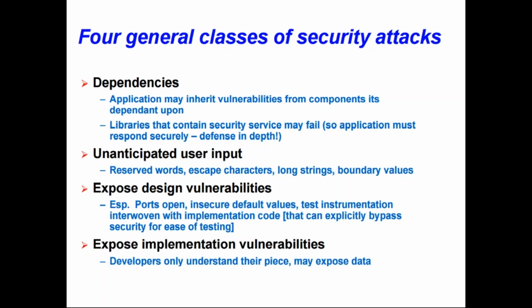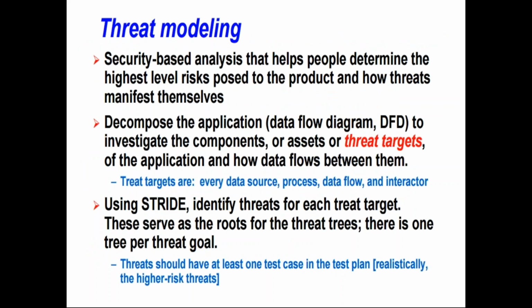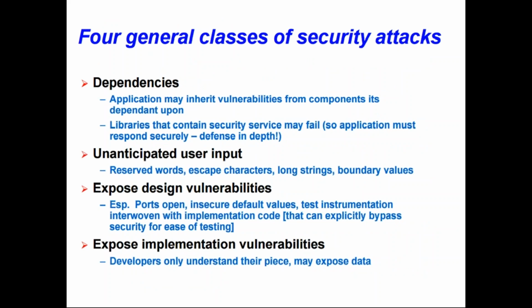Now, in the coming classes, we will have an in-depth discussion on all these four areas. Now, when I said threat modeling, threat modeling is something which will come from the implementation vulnerabilities.